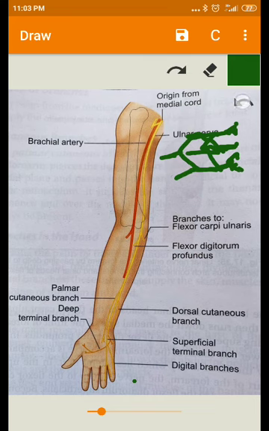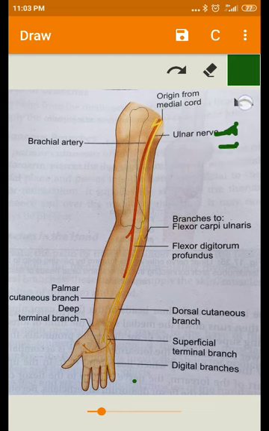Now in the axilla, it lies medial to the axillary artery, and it also lies medial to the brachial artery in the arm. At the middle of the arm, it pierces the intermuscular septum.